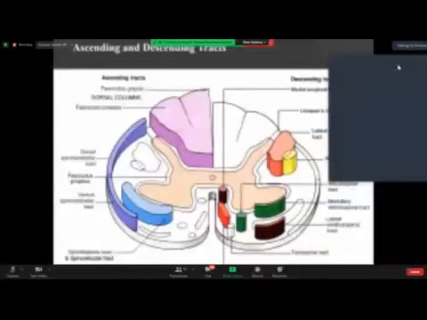Now, somebody has asked, are we done with spinal nerves? That is it. Spinal nerves are pretty much it. The nerves involved in eye movement, again, those are cranial nerves.